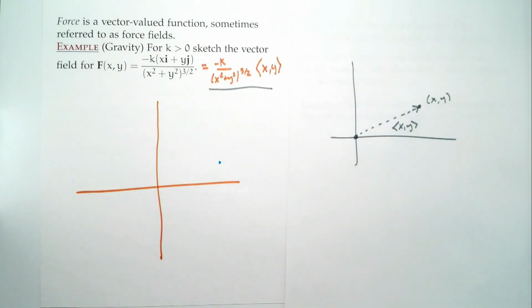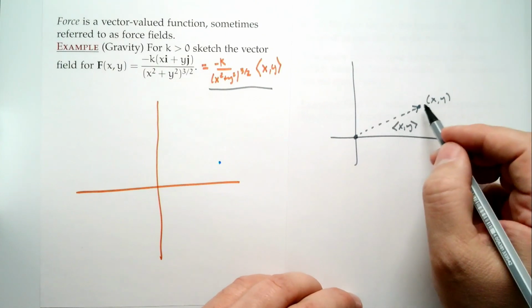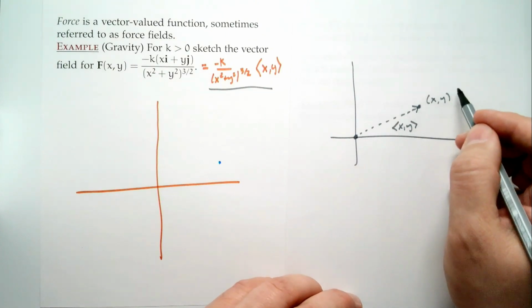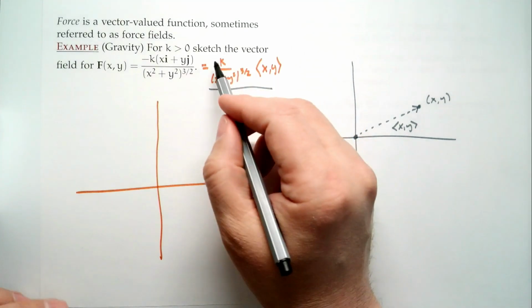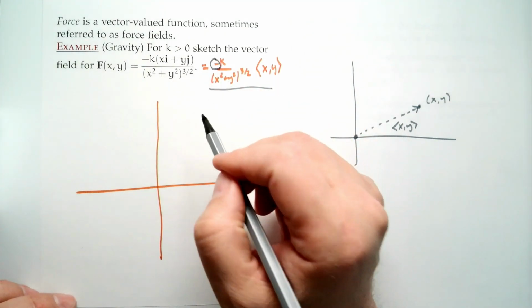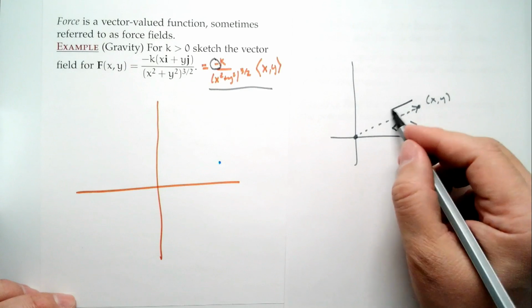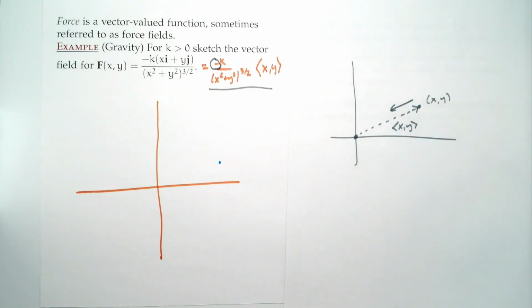Now, given that we just said it's some multiple of this, am I going out more or am I going in more? Going in. What gives it away that it's going in? The negative. The fact that I have a negative here indicates that this is the right direction, because it's the reverse of the vector x comma y. So it's a vector that points directly towards the origin.